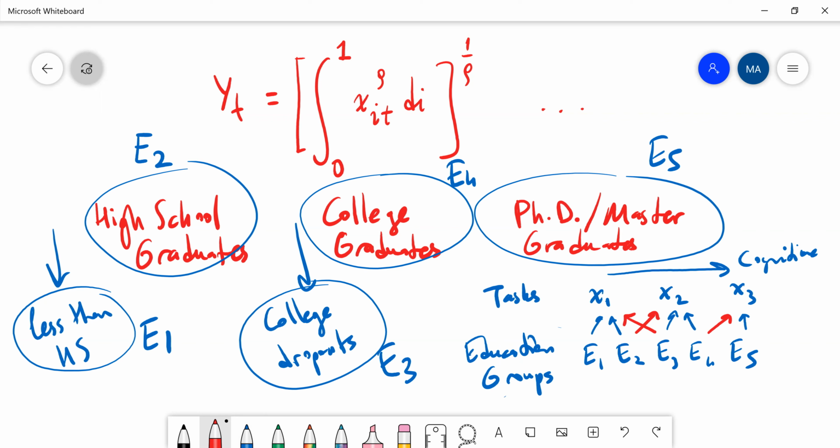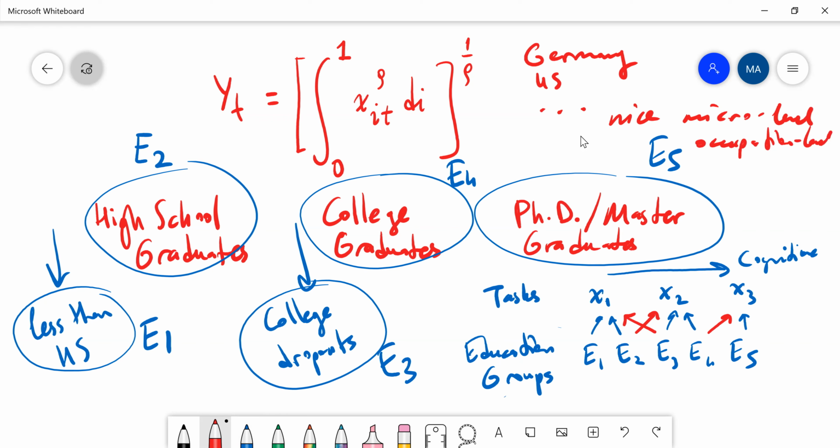And luckily, in some countries such as Germany and the US to some extent, and some other countries, we have nice micro level and occupation level data. So right now we have many different possibilities to ask nice research questions and answer them.